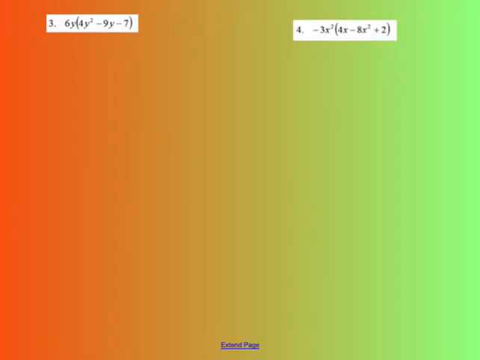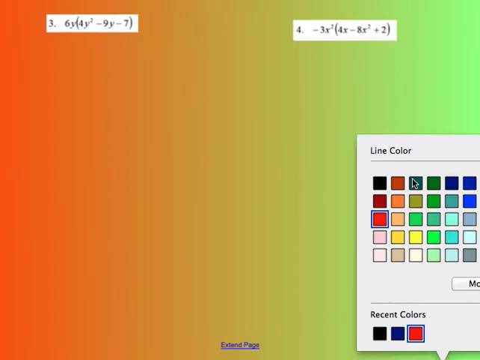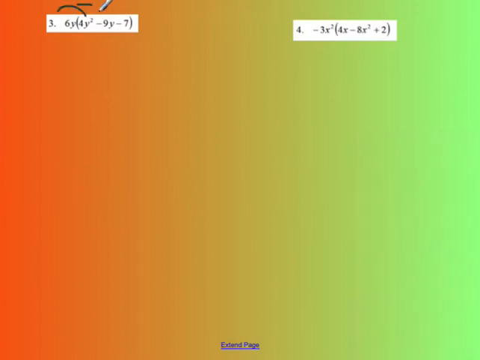Next, let's take a look at number 3. So again, we're just distributing. That's all we're doing. We're taking that 6 and multiplying it by each term. 6 times 4 is 24. Y to the 1st times y squared. This has a 1 on it, so remember, you need to add 1 to each exponent. So y to the 1st times y squared is y to the 3rd. 6 times -9 is going to give me -54.